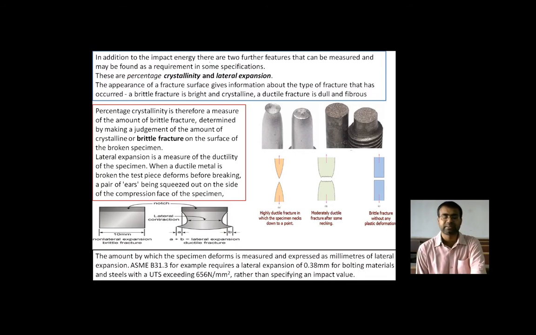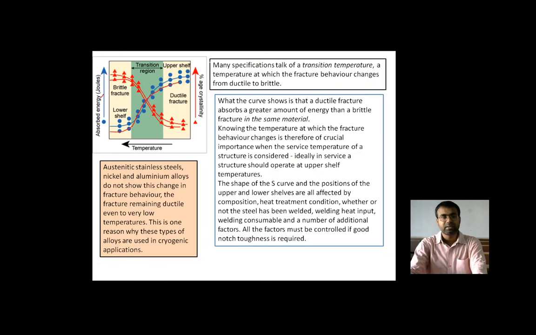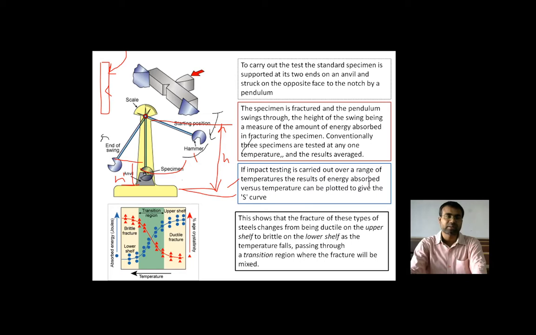It's a very simple thing that we discussed in the earlier slides: the specimen, made to some specific dimensions, is placed on the anvil just in front of that hammer, and the hammer moves freely. After moving, it strikes with force, and that is how the energy is imparted to the material.